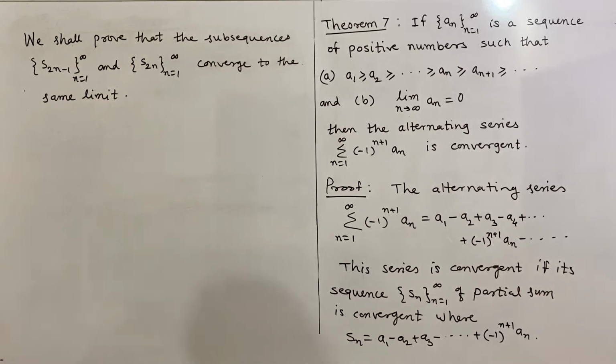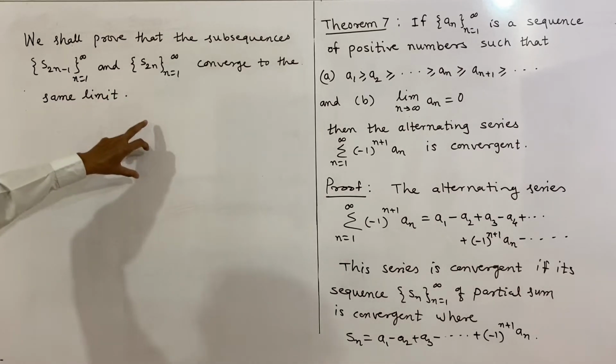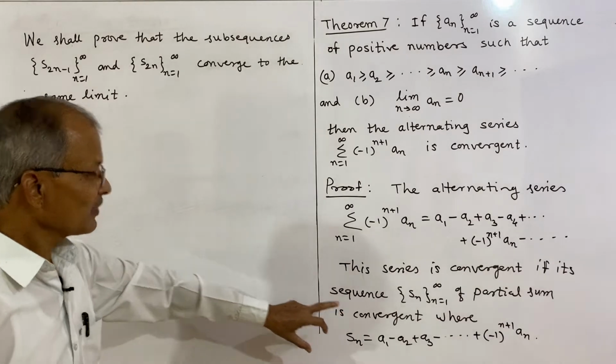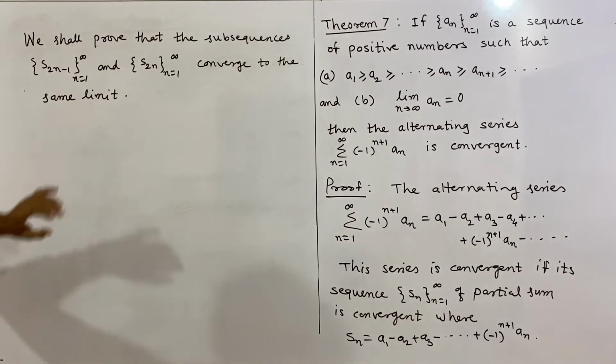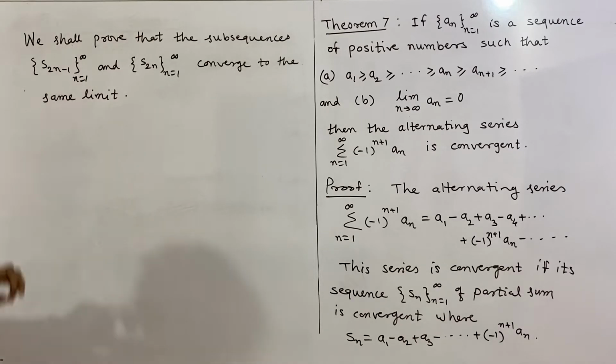We shall prove that the subsequences of this sequence Sn, that is S2n minus 1 and S2n, converge to the same limit. First consider this subsequence.